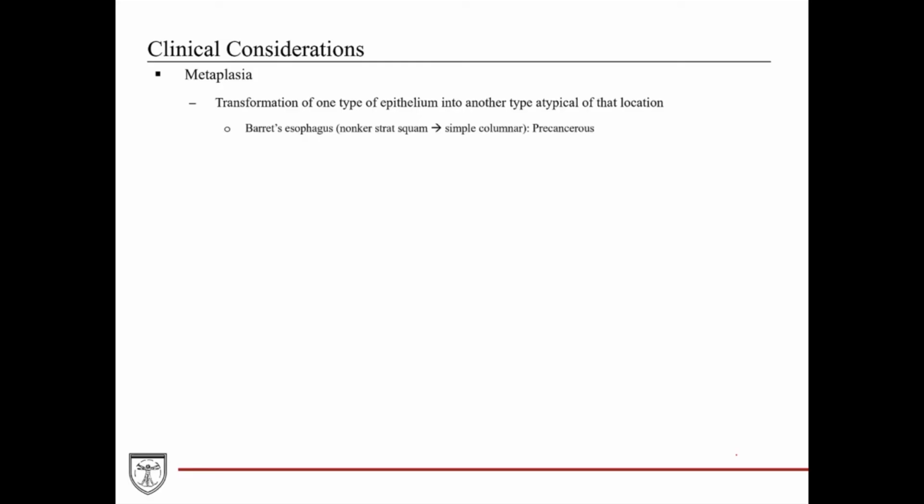There are many clinical considerations with epithelial tissues. There's a concept of metaplasia, where one type of epithelial tissue becomes changed into another type of normal epithelium. And although this new tissue is normal, it's in an inappropriate location for that tissue. So that's the problem. A prime example of metaplasia is Barrett's esophagus.